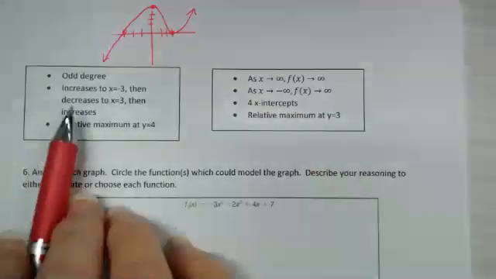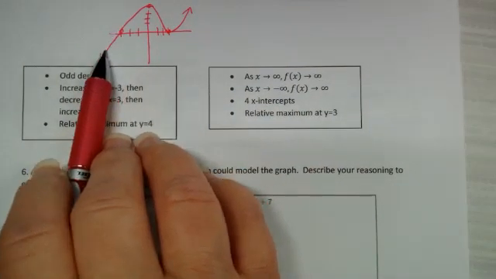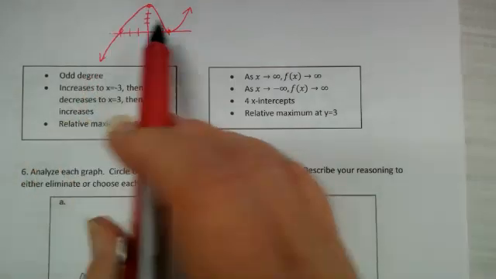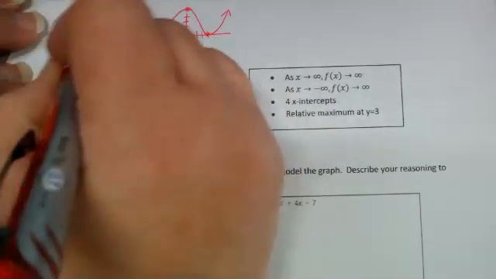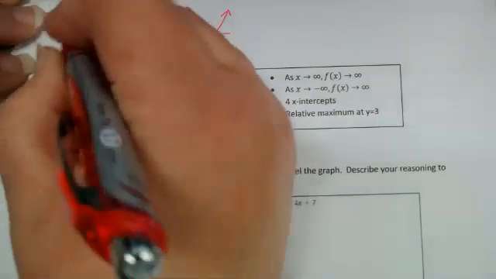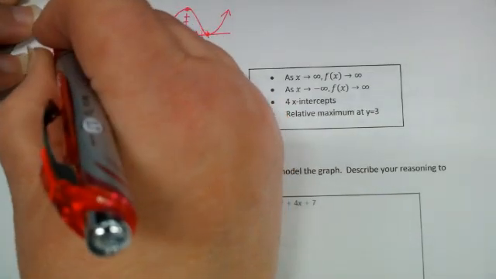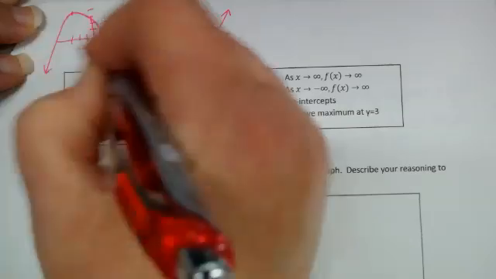But if it increases to x equals negative 3, and then it has a relative maximum at y equals 4, oh, it could be 1, 2, 3, 1, 2, 3, 4. Could be there. Increases to this, decreases here, and then goes back up. There we go. Looks something like that.